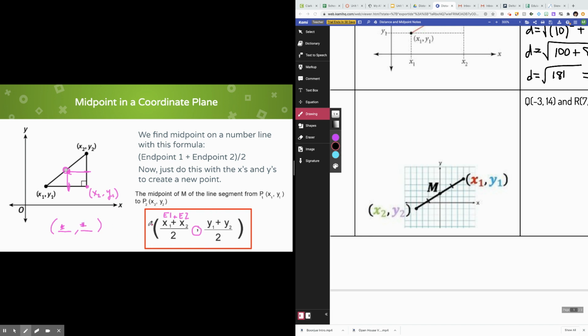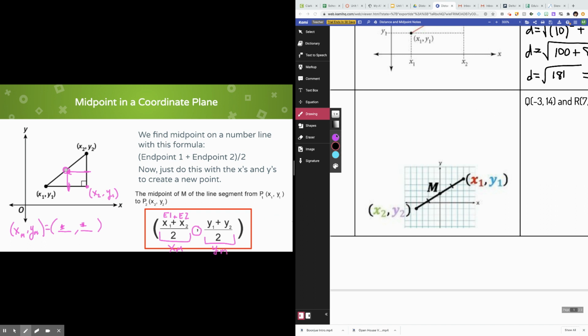What you're finding, and the way you'll see it notated, is the coordinate point (xm, ym), which stands for x midpoint and y midpoint. This formula is how you get xm, and this formula with the y's is how you get ym.